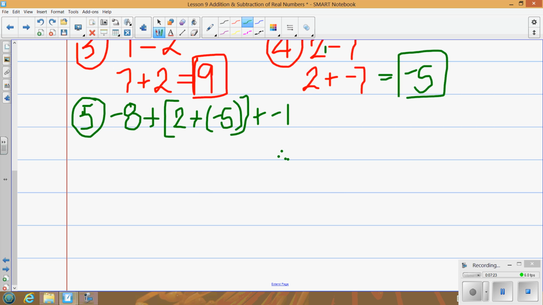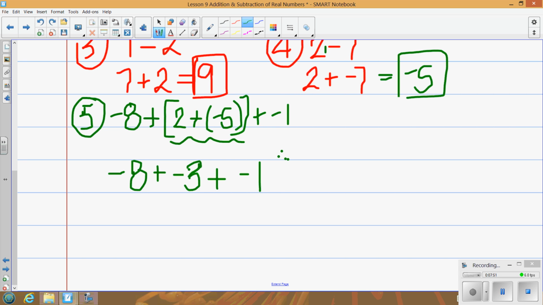So order of operations, we have to work inside those parentheses first. So I'm going to keep that negative 8. Inside of parentheses, we do 2 plus negative 5. So opposite signs, you're going to subtract. We get 3. Bigger number is 5, so you keep the negative. Plus negative 1.